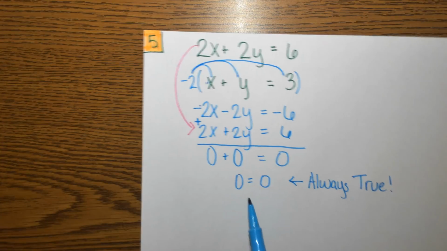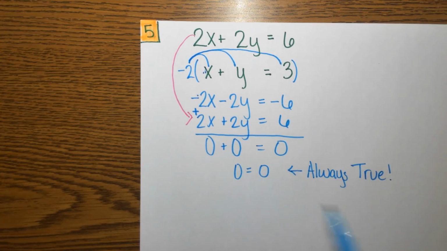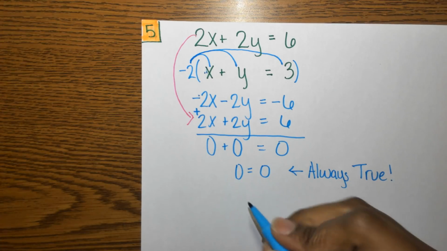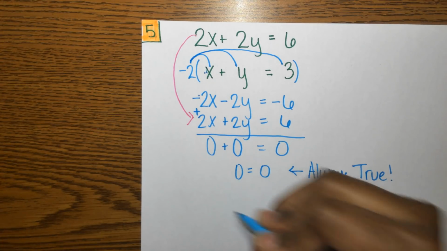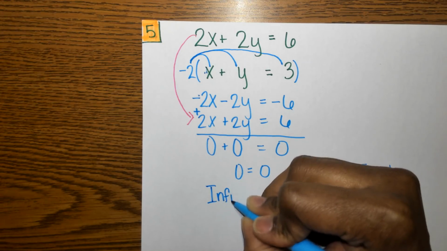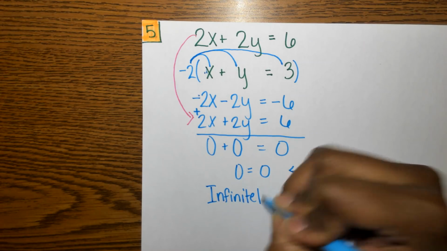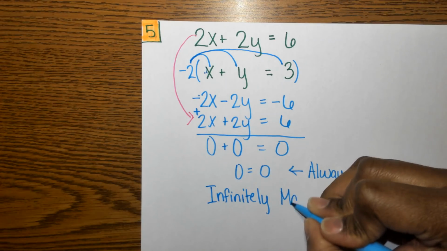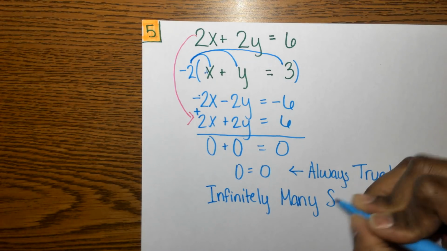So when we have something that is always true, if you remember back to solving equations, if the statement is always true, that means that we have infinitely many solutions. Infinitely many solutions.